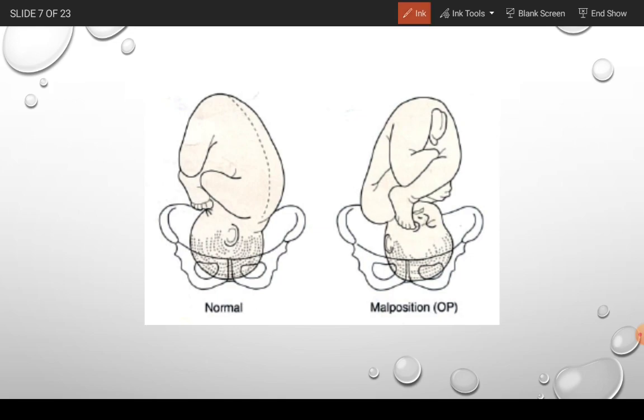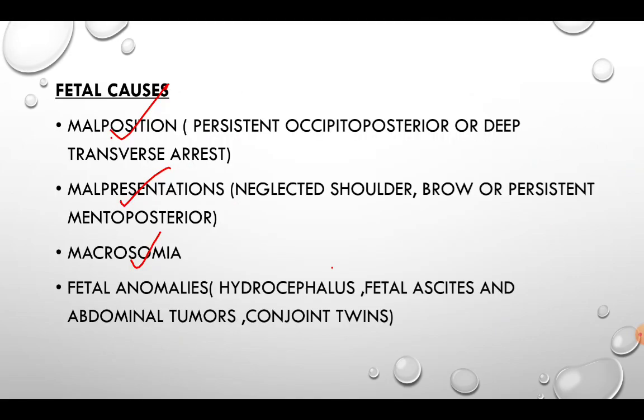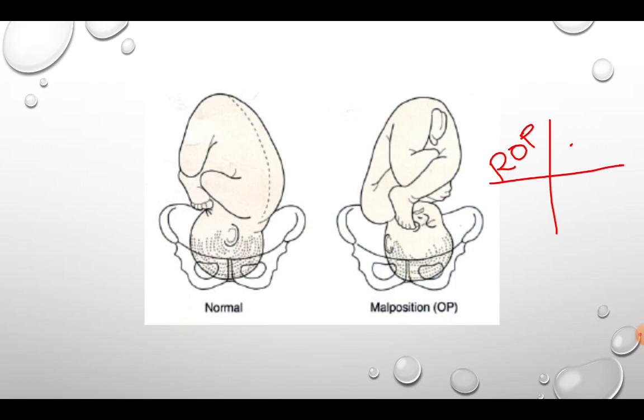Here you can see the normal baby with a vertex presentation, and here you can see it is, so you can imagine this is the right occipito-posterior. So occipito-posterior position.